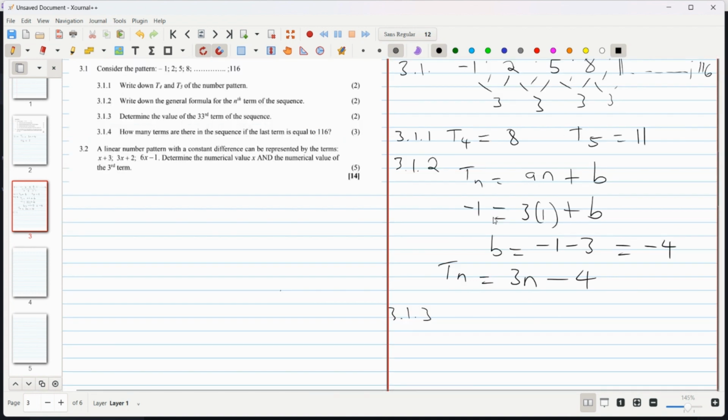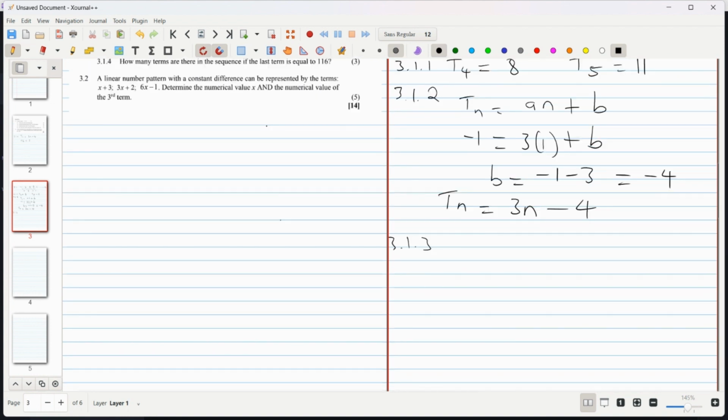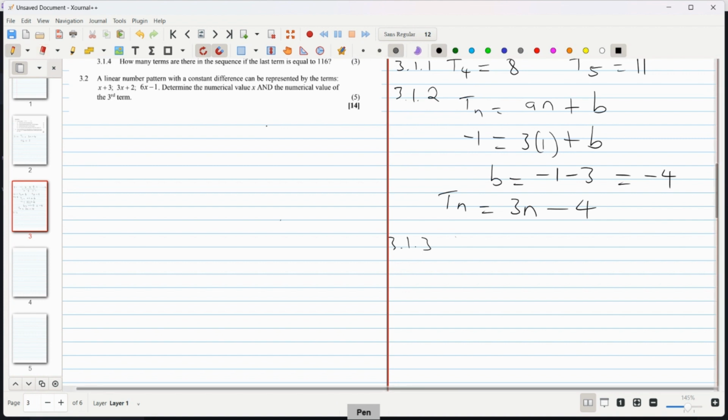For the next one, they ask us to determine term 33 of the sequence. For the 33rd term of the sequence, we simply substitute into this equation here. So it will be 3 into 33 minus 4.